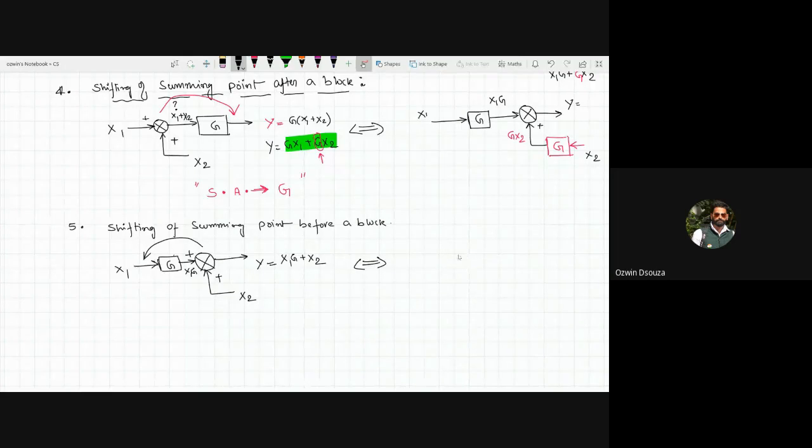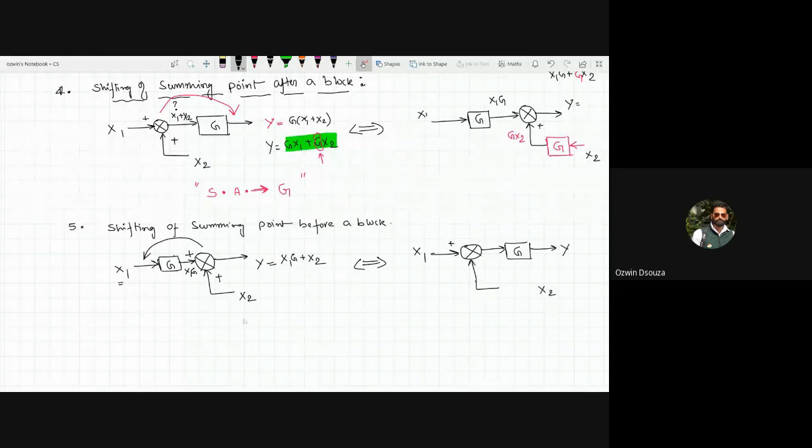Let's see whether we get the same output. So this summing point is placed over here. Now this summing point will receive the signal x1. Since you have shifted the summing point before this block G, the block G is placed somewhere over here, and this is my output. To this point we are connecting signal x2.